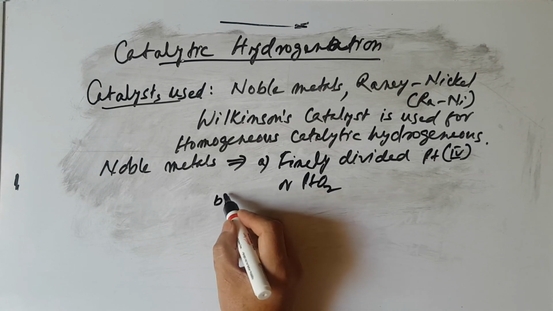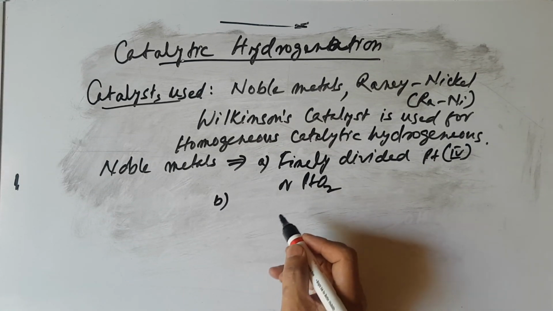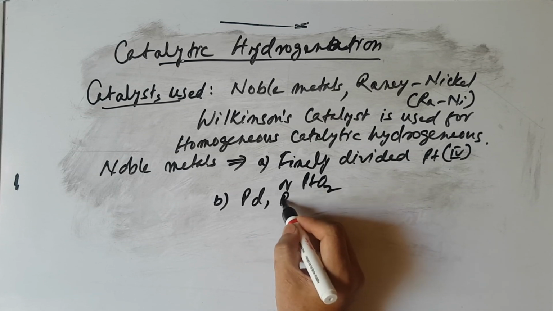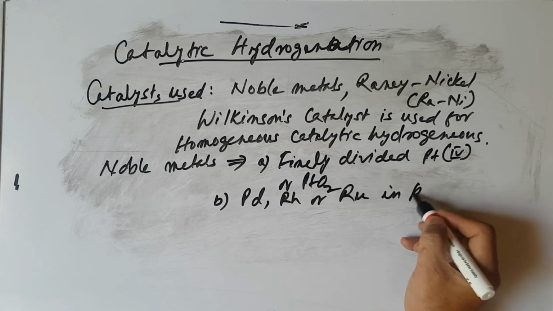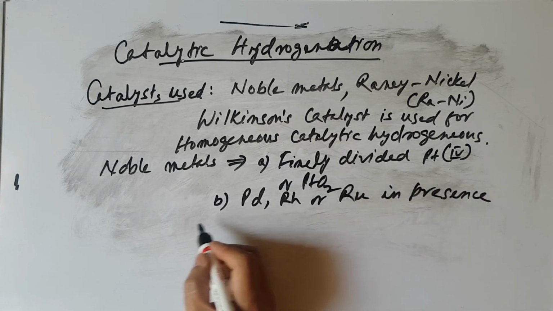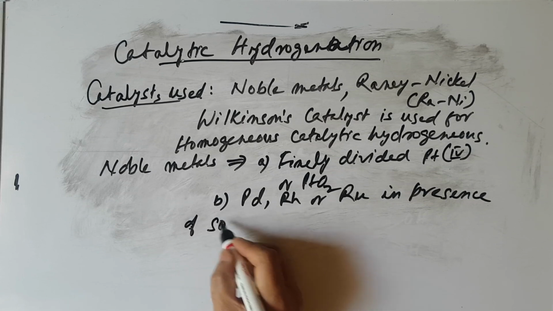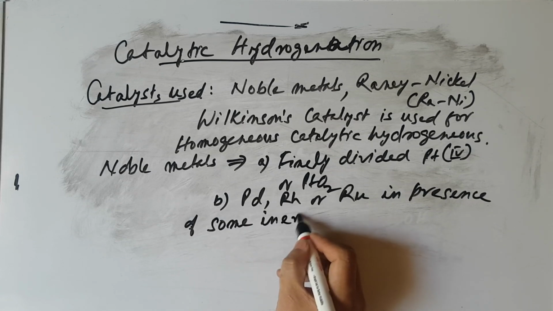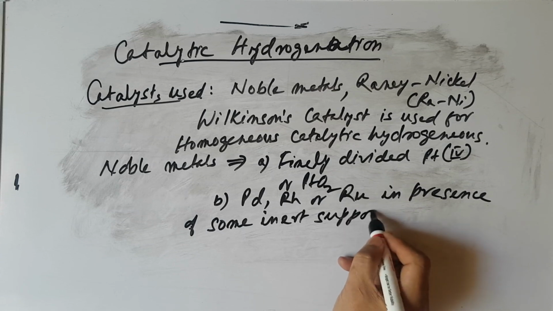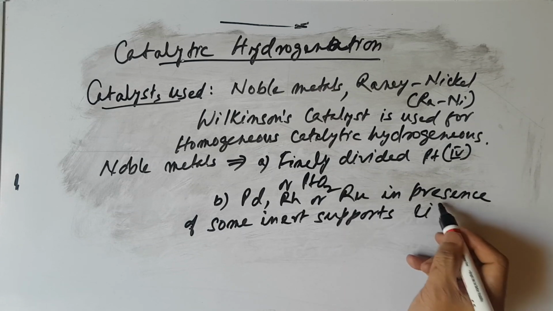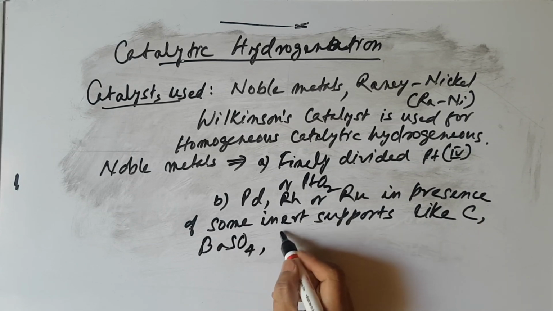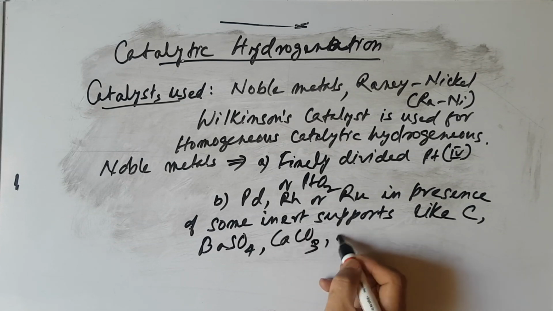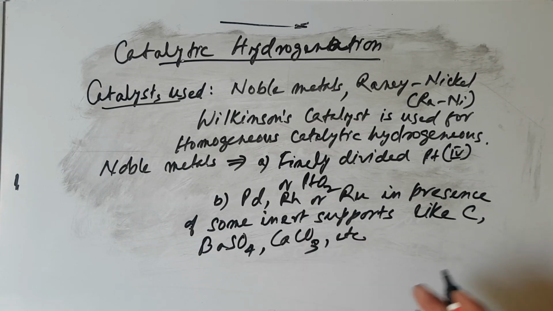The second type is palladium, rhodium or ruthenium, used in presence of some inert support, like carbon charcoal, barium sulfate, calcium carbonate, etc. They are adsorbed on the surface of the support, like carbon.